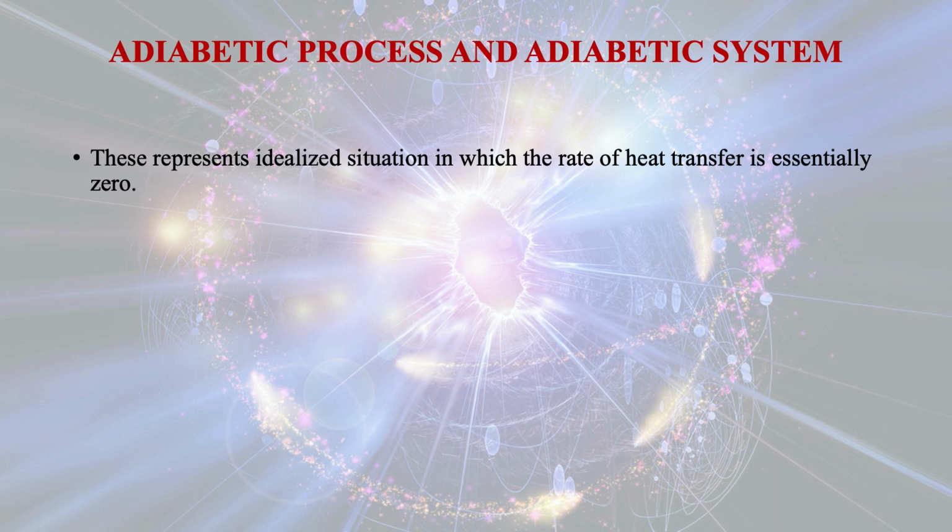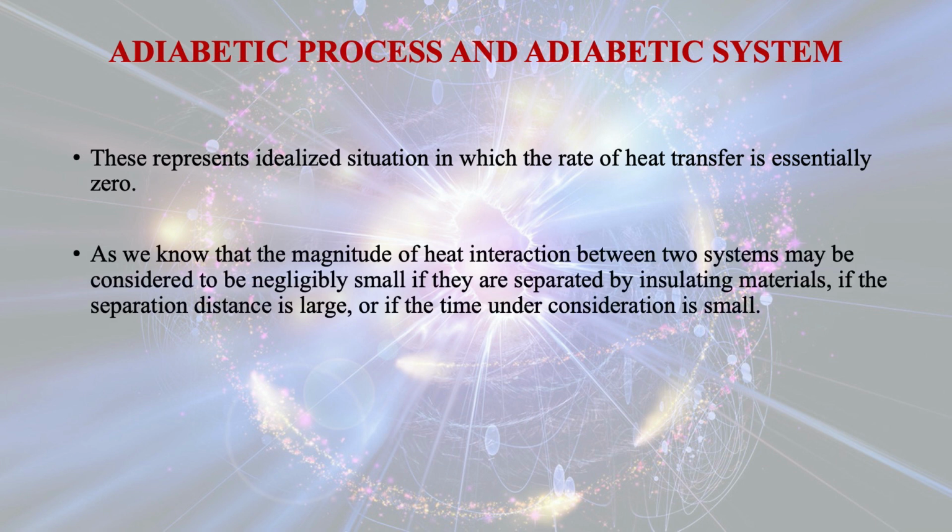Now, adiabatic process and adiabatic system. This represents an idealized situation in which the rate of heat transfer is essentially zero. As we know, the magnitude of heat interaction between two systems may be considered negligibly small if they are separated by insulating materials, if the separation distance is large, or if the time under consideration is small.